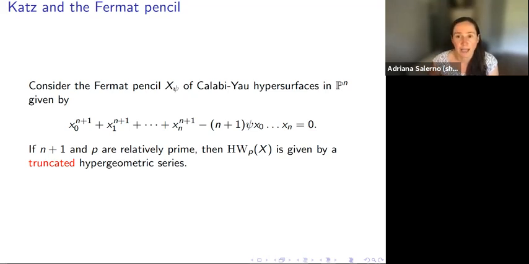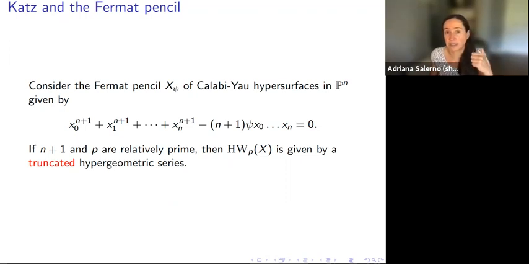And so that hypersurface, if n plus 1 and p are relatively prime, then the Hasse-Witt matrix is actually a truncated hypergeometric series. So hypergeometric series are particularly nice. They have all these nice properties. And in particular, hypergeometric series or hypergeometric functions are very closely related to very nice differential equations.